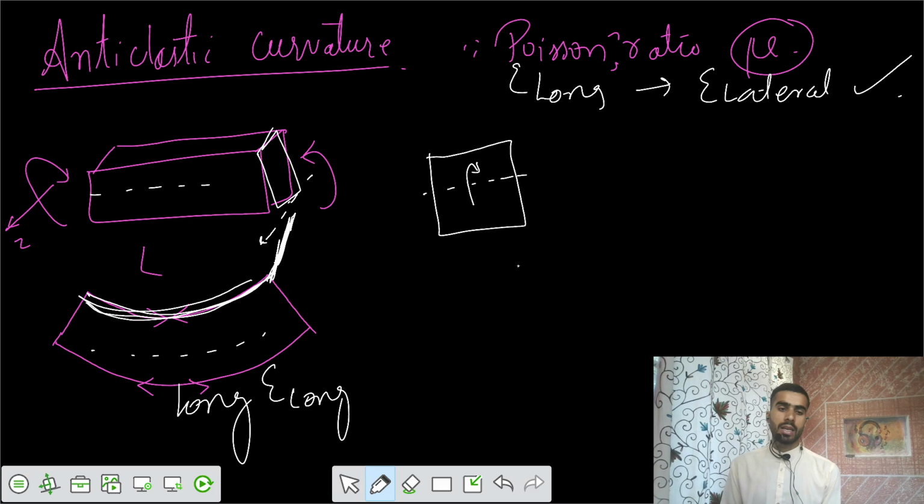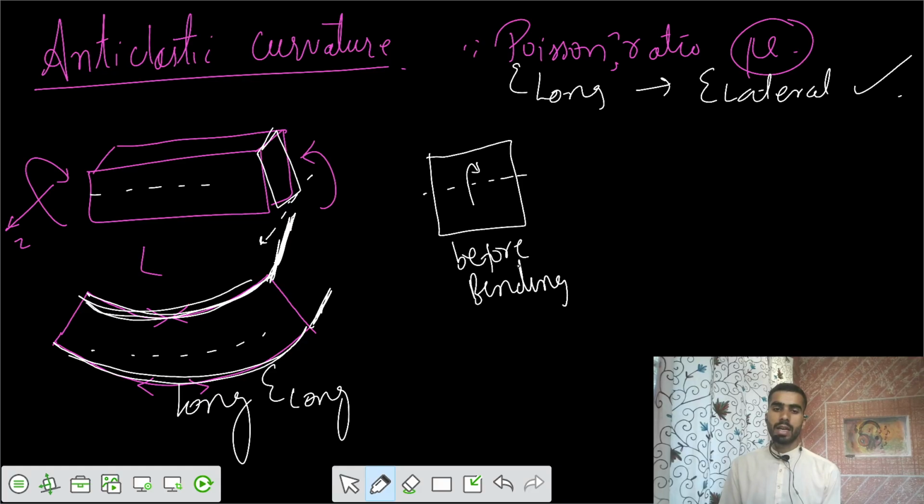Similarly, on the bottom fibers your beam got stretched, so the lateral side on the bottom fibers should get compressed.